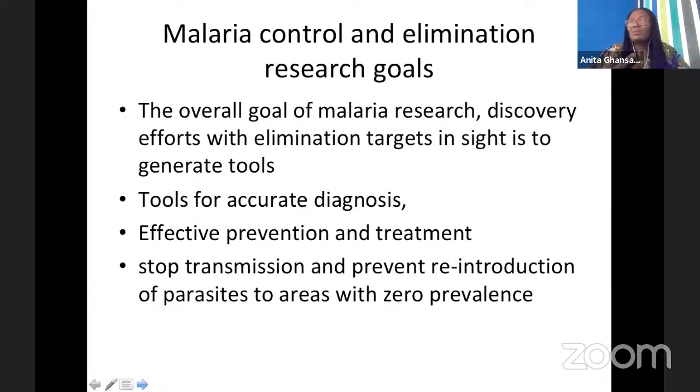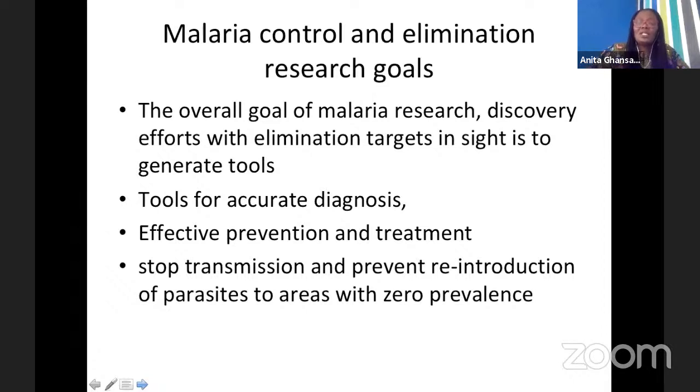As we are controlling the malaria parasites and the vectors, and we get to elimination, what we are expecting is very, very low transmission. And when we get to zero prevalence, that will be eradication. But as we go on, transmission is reducing. So imagine that we will need very innovative ways of diagnosing the disease in, let's say, 1 in 200 or 1 in 1,000 people just getting malaria.